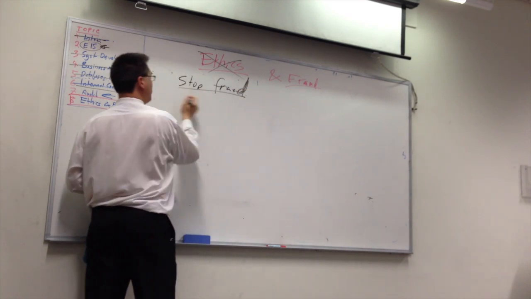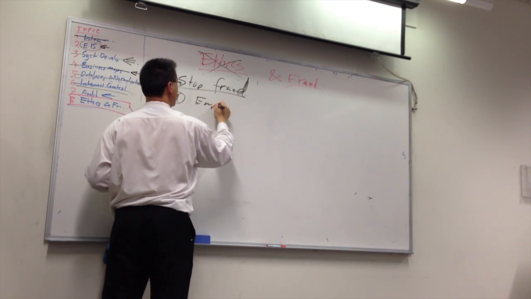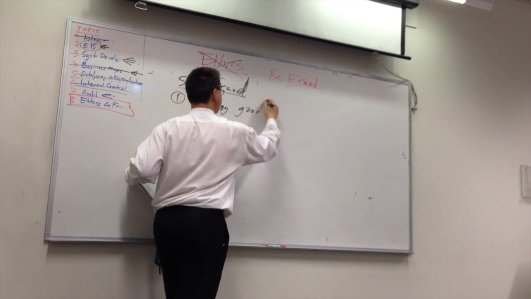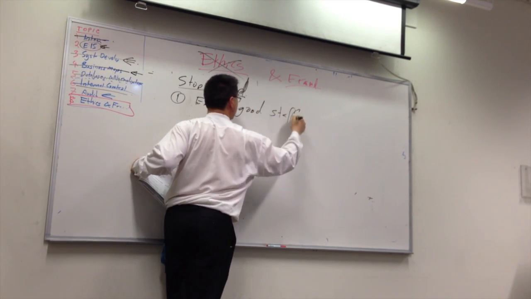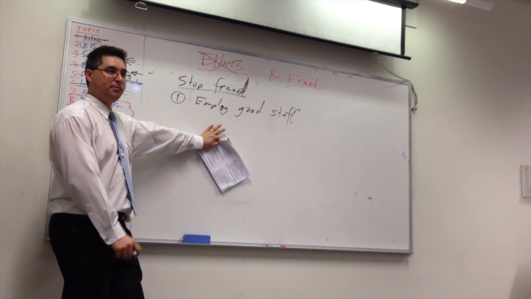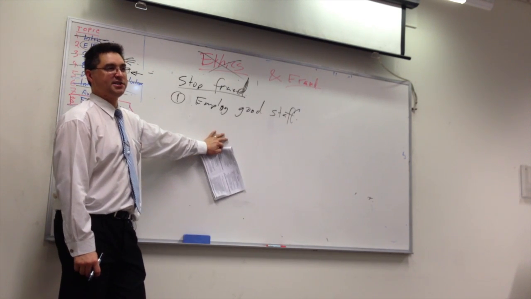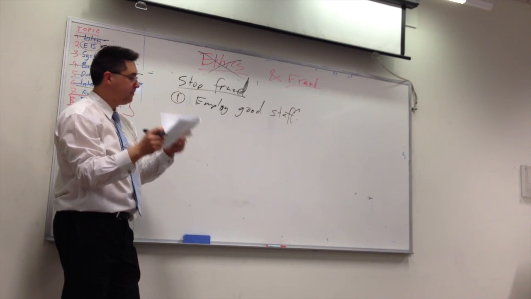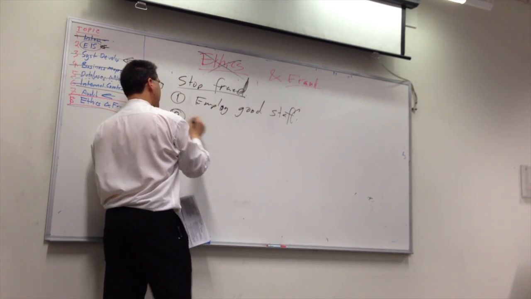For one, you can employ the right people. Employ good staff. I know that sounds like a stupid thing to say, but the truth of the matter is that most employers don't fire bad staff. They keep them, which is stupid. You can communicate values.